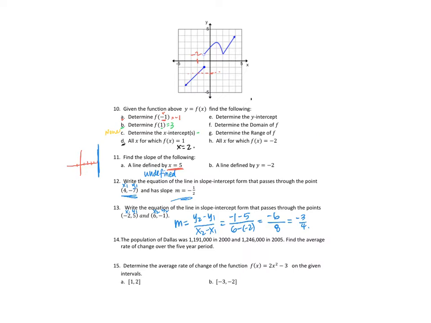Well, actually, let me show you a different way to do it. So this time, let's do slope-intercept form. We could do point slope form again, but let's do slope-intercept this time. So here I have y equals mx plus b. And I know what the m is. And I can plug in a point to solve for b.